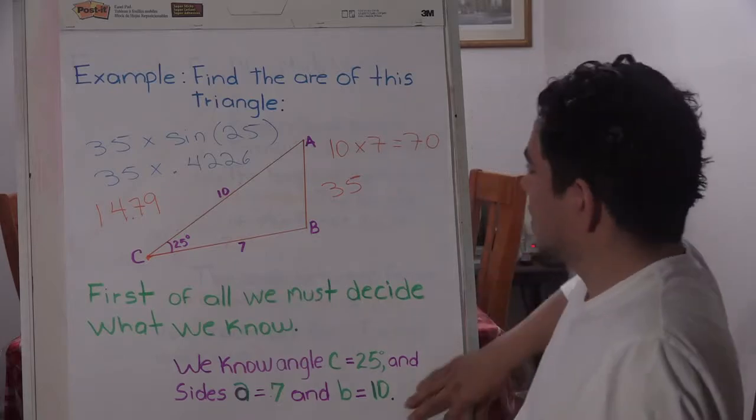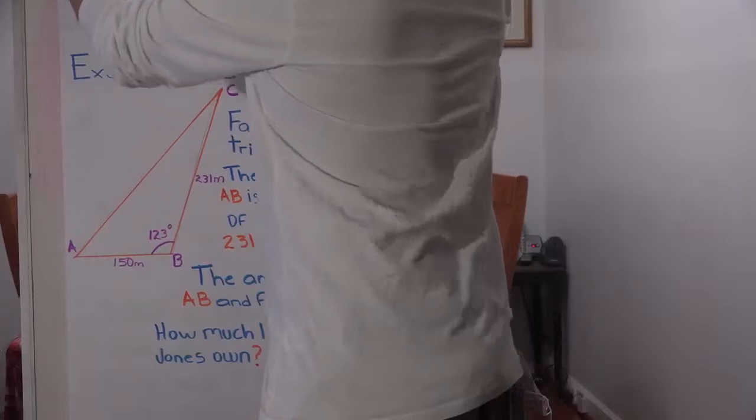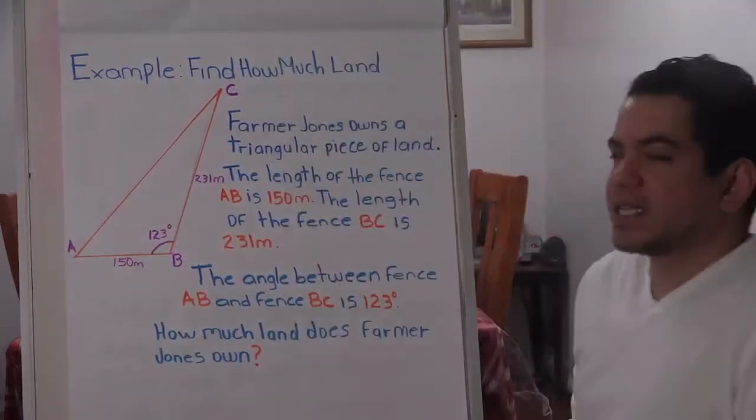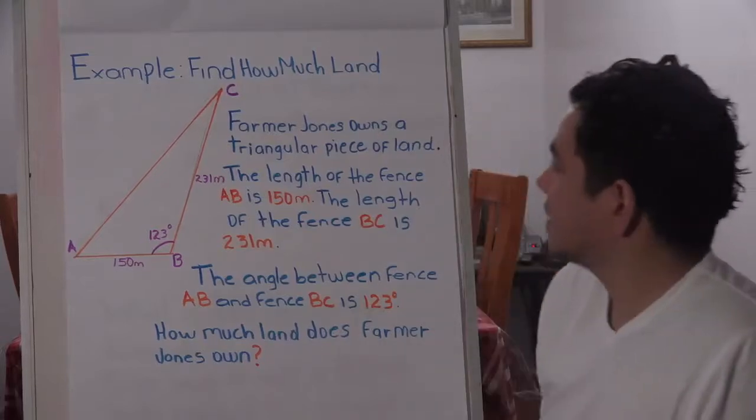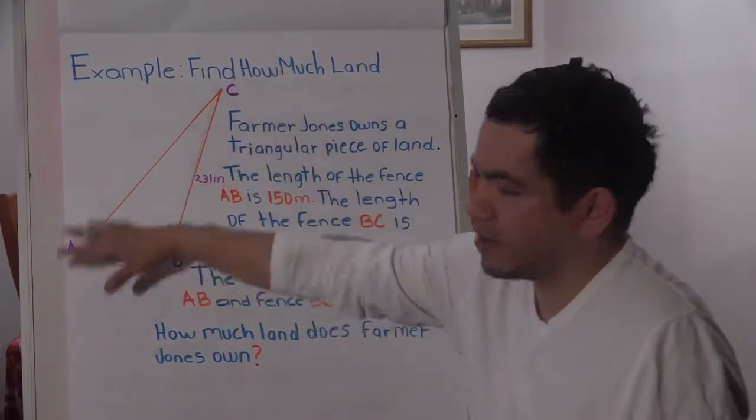Let's see if we have one more, and then after that you're good to go. Farmer Jones owns a triangular piece of land right here.